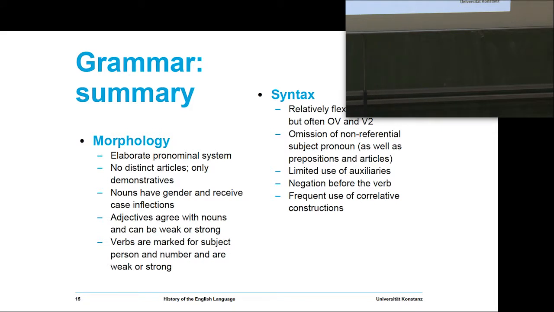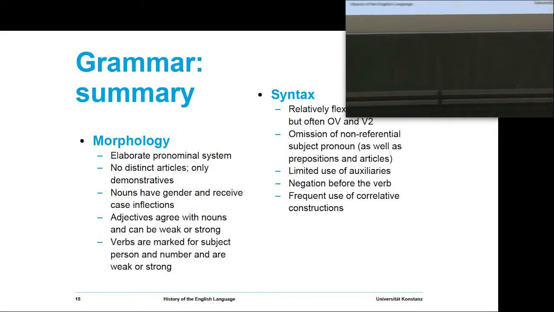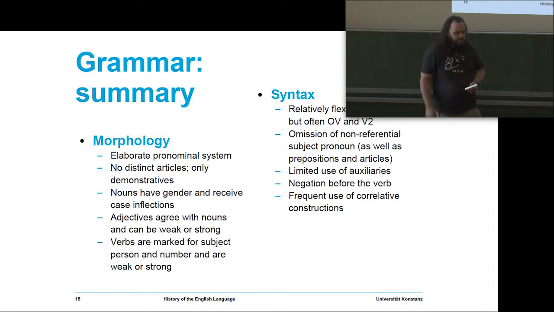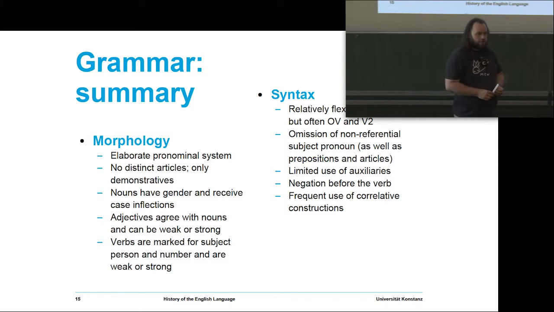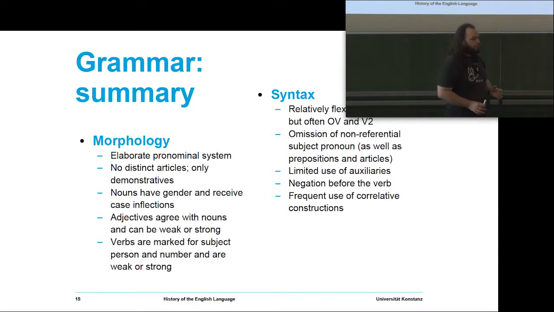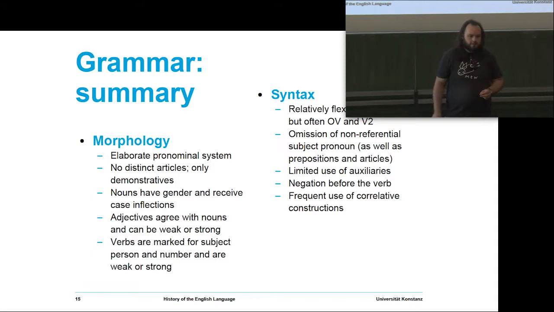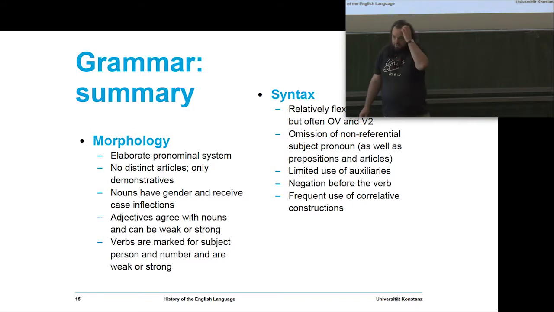So the morphology, this is what we covered last week. We've got an elaborate pronominal system. We've got no distinct definite articles, only demonstratives. But the demonstratives can often function as definite articles. So there is no word, the modern English the and an have not fully developed yet. Nouns have gender. Nouns can receive case inflections.